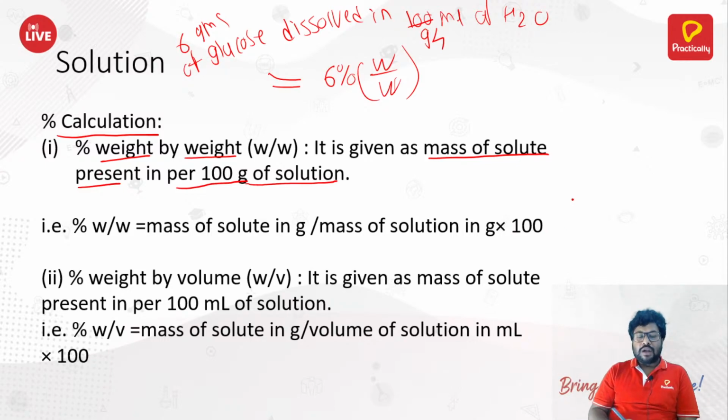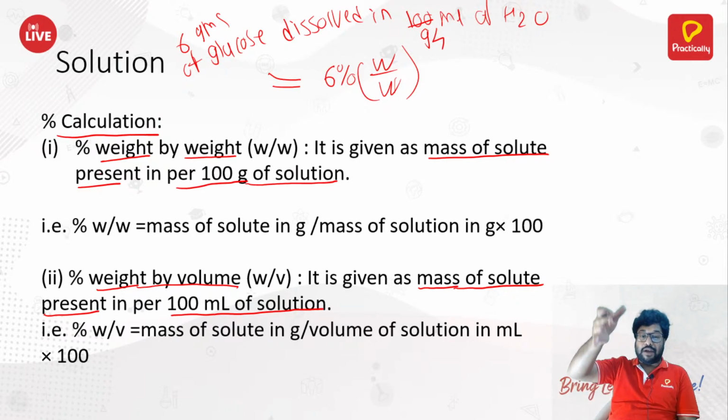Next, percentage weight by volume. Now again, the solute is given as a mass in grams, and the volume goes in ml. This is given as the mass of solute present in per 100 ml of solution. In the previous case, we had per 100 gram of the solution because it was weight by weight.